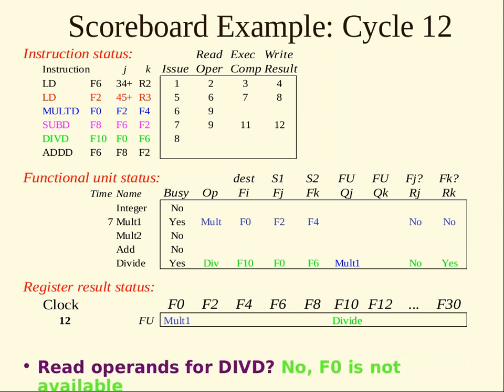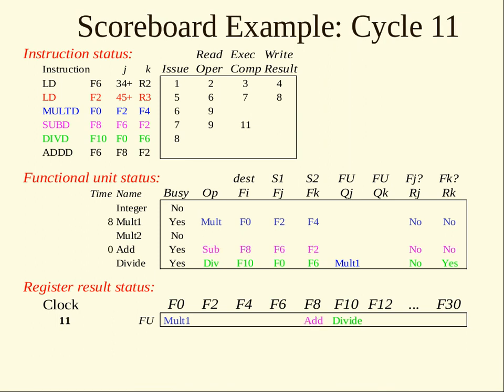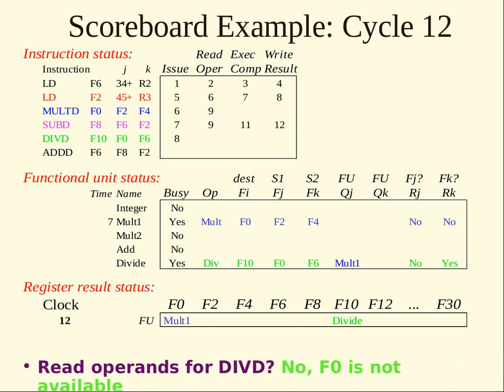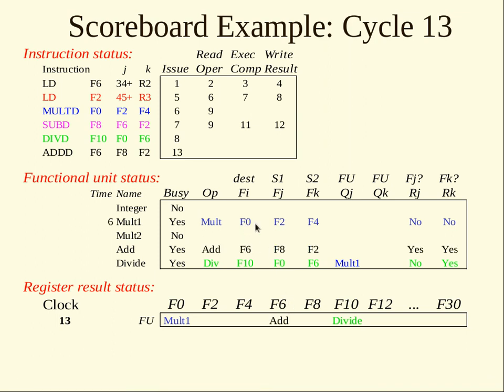Cool. So read for the div D. No. The add completes, but we still can't do anything with divide, is what this is pointing out, because F0 is still not available, because that's the destination for this guy. So the divide is still waiting, but we can put in the add. Is the add ready to go?